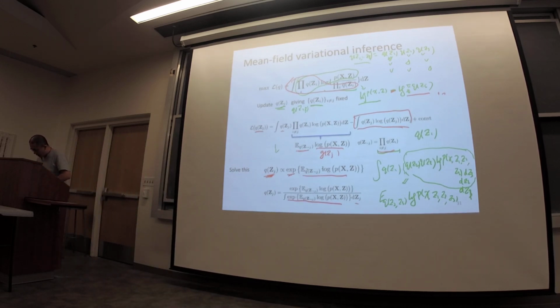So let me copy the bound here. The variational lower bound in terms of Q of Zg is simply the integral of Q of Zg times the expectation under Q of Z not G of log joint probability of x and z, d ZG, subtracted by the integral of Q of Zg logarithm Q of Zg d ZG, right?